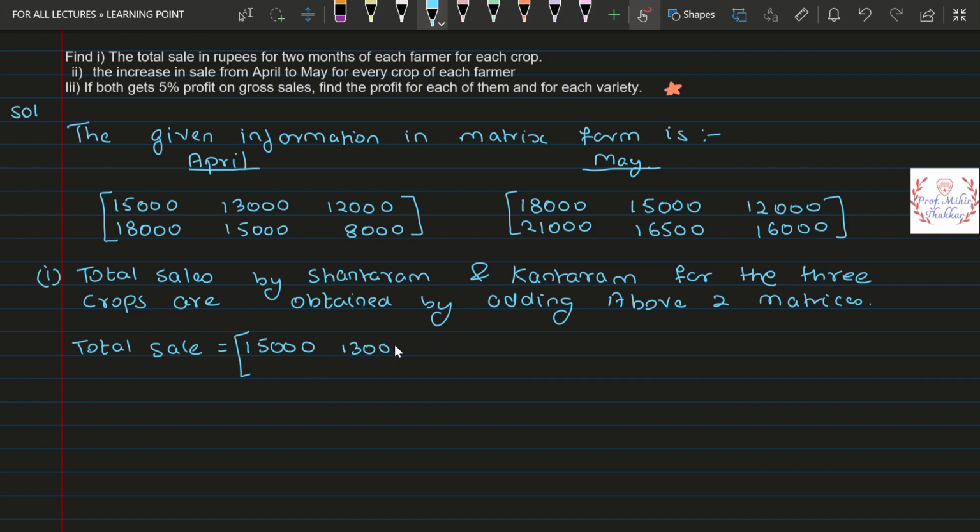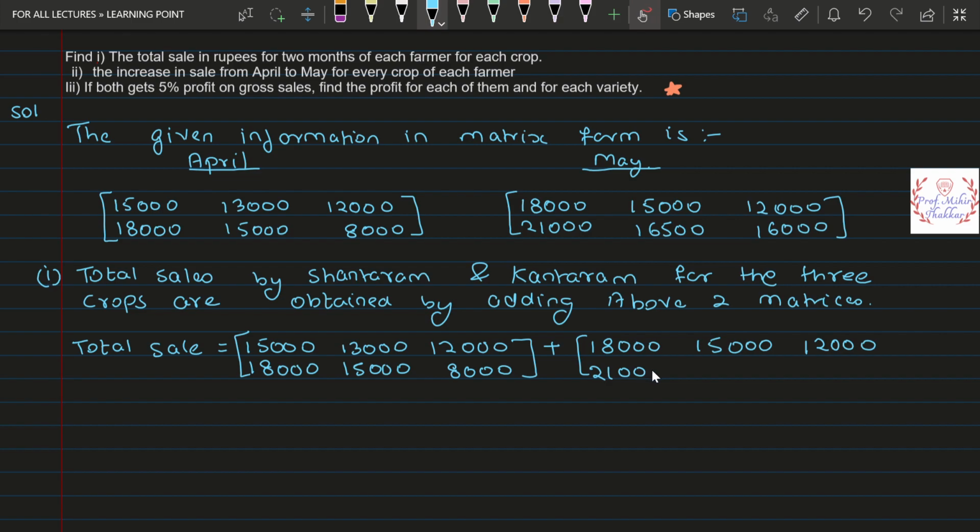15,000, 13,000 and 12,000, and 18,000, 15,000 and 8,000. Basically I am copying the first matrix over here, plus 18,000, 15,000 and 12,000, 21,000, 16,500 and 16,000.